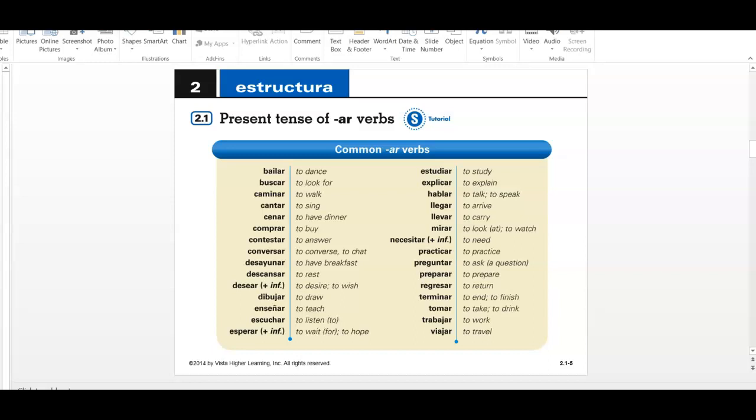Then you have estudiar, explicar, hablar, llegar, llevar, mirar, necesitar, practicar, preguntar, preparar, regresar, terminar, tomar, trabajar, and viajar. Okay, those are all the AR verbs we're going to be working with.